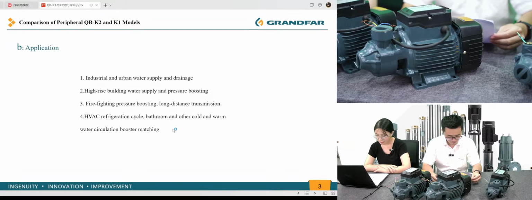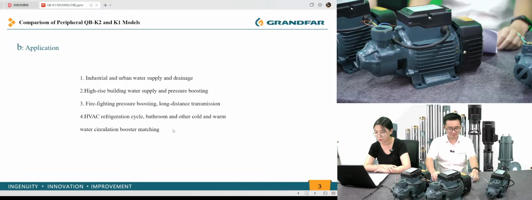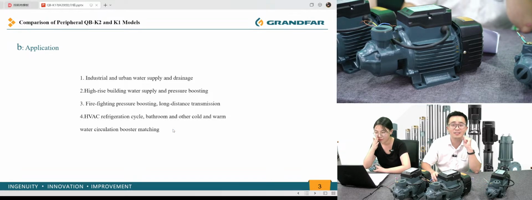Not just used in our daily family life, it can also be used in firefighting works to guarantee our safety. And the last application is the HVAC refrigeration cycle, bathroom and other cool and warm water circulation booster matching.